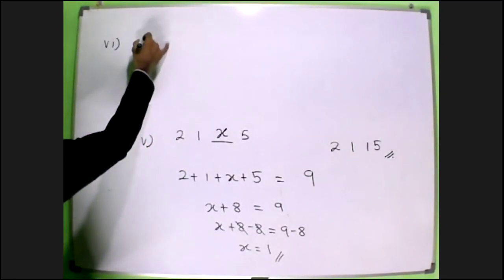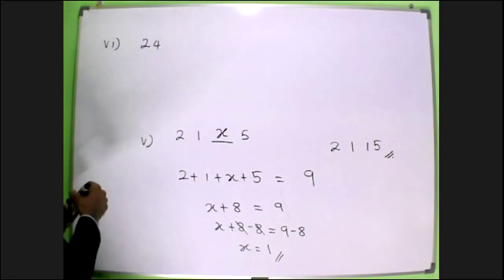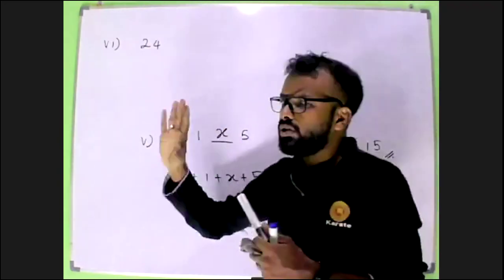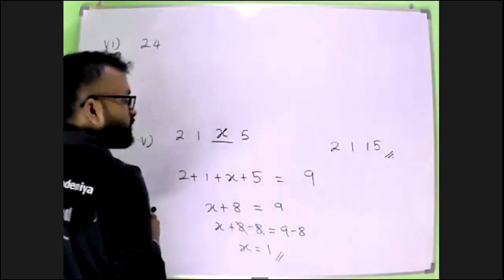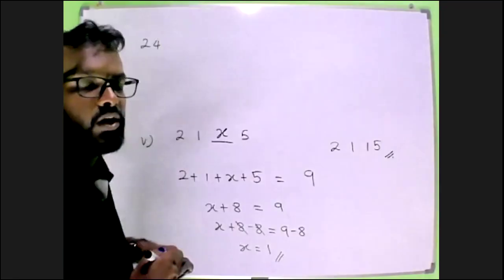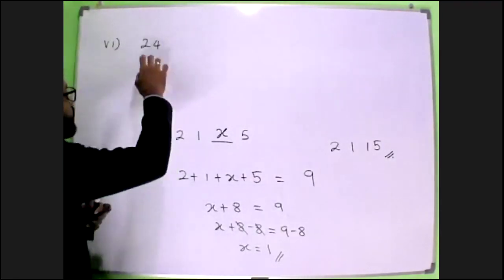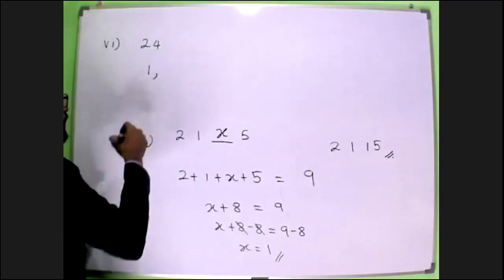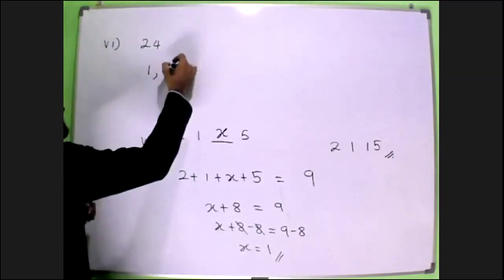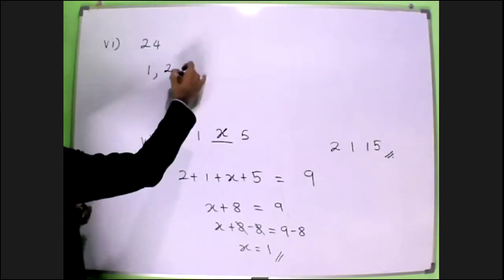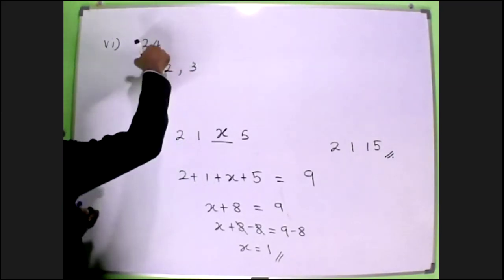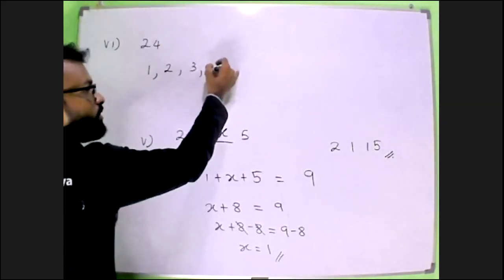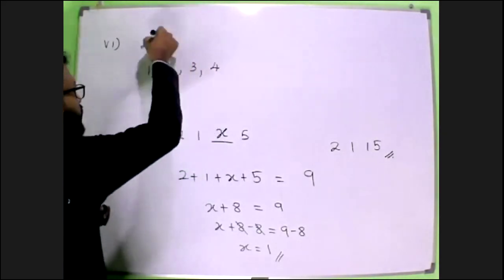You need to find all the factors of 24; you cannot miss anything. 24 can be divided by 1, by 2, and by 3 because this is a multiple of 3. Divisible by 4? Yes, 4 times 6.